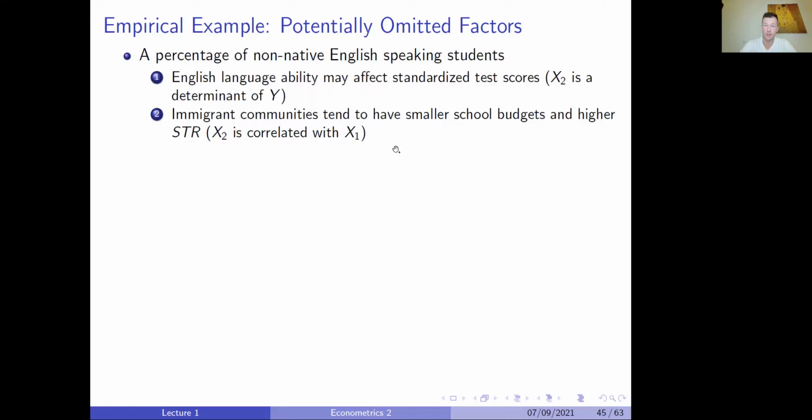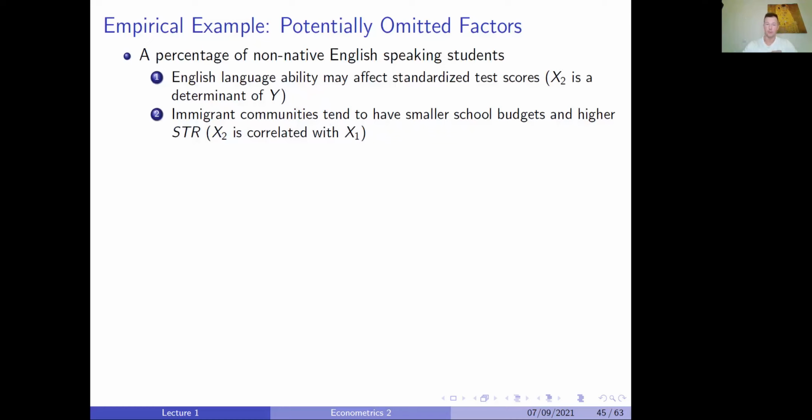Now let's think: if this percentage is high, then beta 2 is potentially negative because a high number of non-native English students would affect test scores negatively. What is the correlation between STR and the percentage of non-native English speaking students?